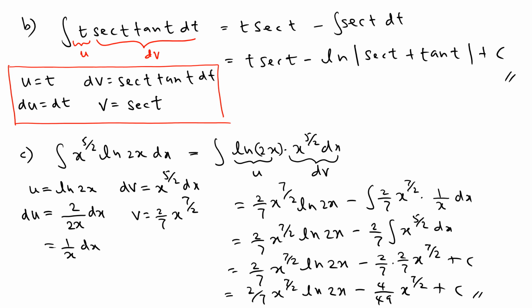So let's do just two more examples. Now let's do one with more terms. How about this one? (2t^2 minus 3t plus 1) sine 3t dt.